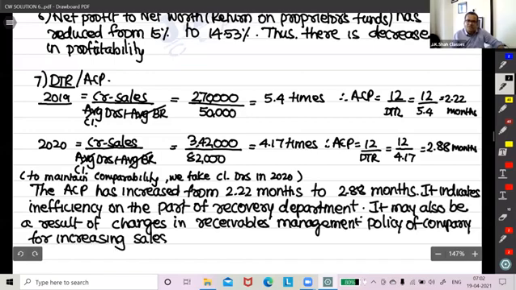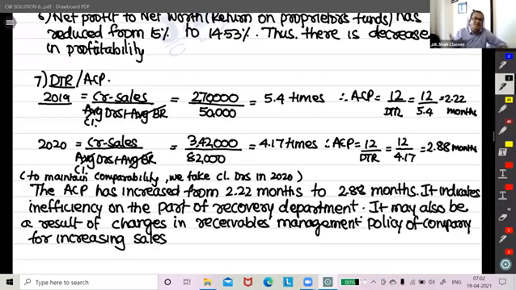Hello, people. Remember the receivable management topic. Company always thinks that increasing credit period increases sales. So management might have also offered a higher credit period. Why always blame recovery?